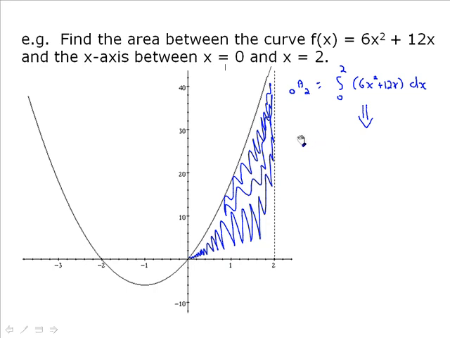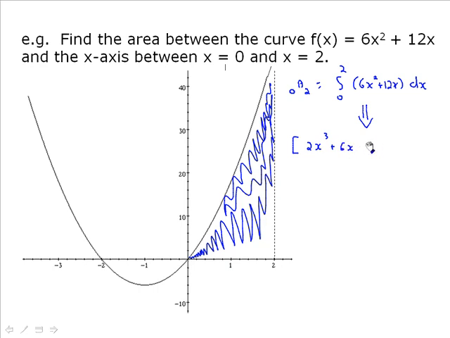So when we anti-differentiate this, it'll be x to the 3, and then 6 divided by 3 is 2. I think that was originally supposed to be a negative, but oh well. Keep it the way we have it. So 2x cubed plus x squared, 12 divided by 2 is 6.